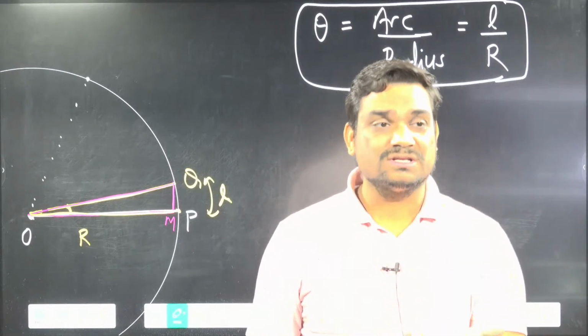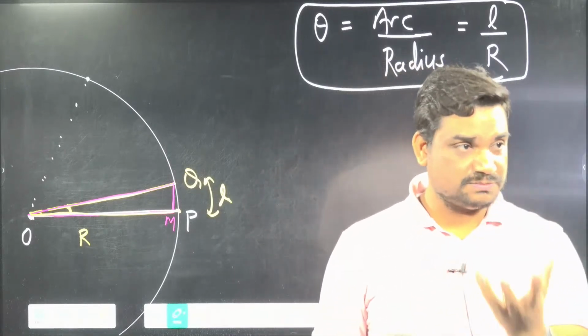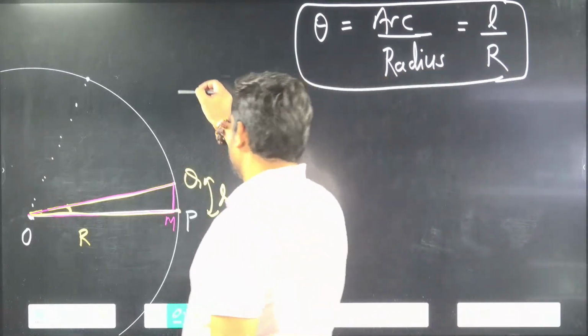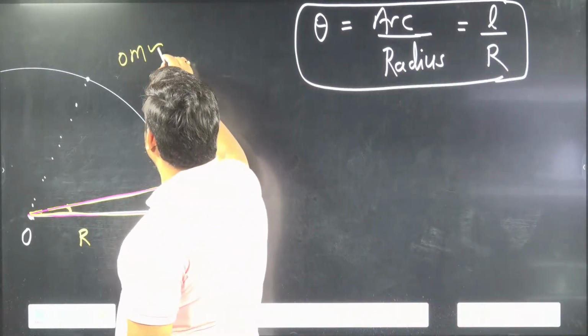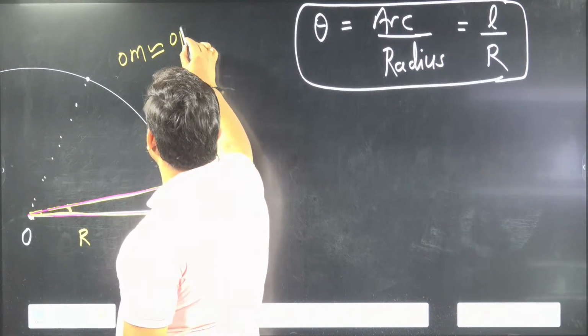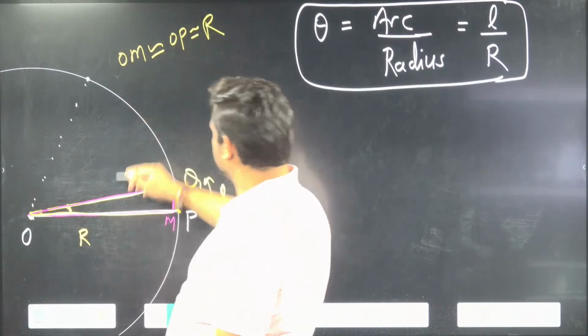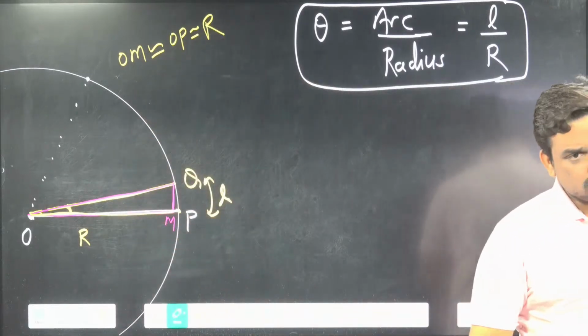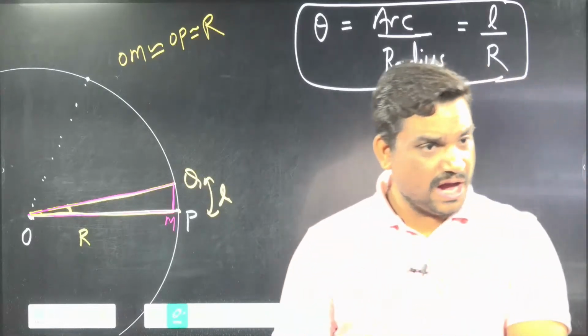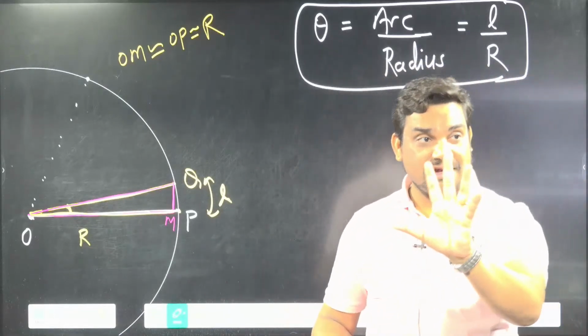This heading is also about approximation. So I can say OM is almost close to OP, which is actually equal to R. OM is R, OP is also R, but only when the angle is small.